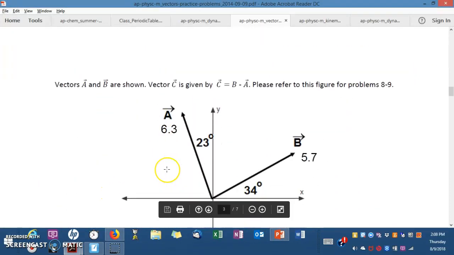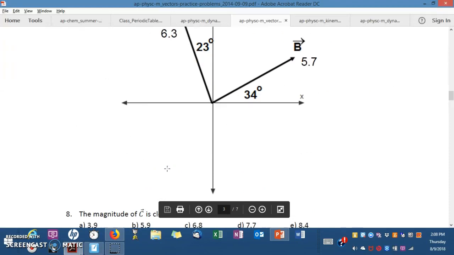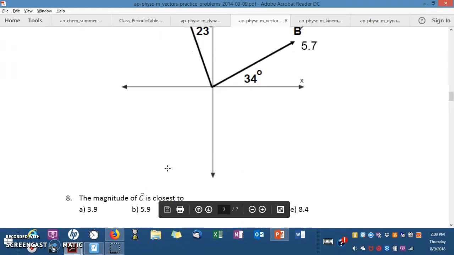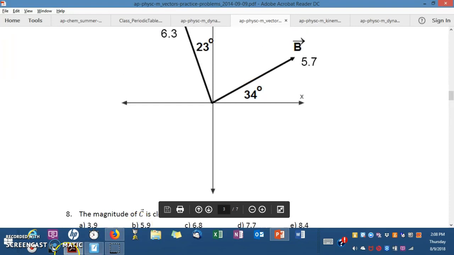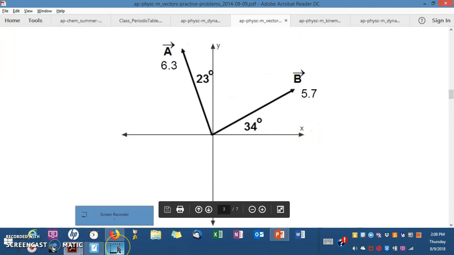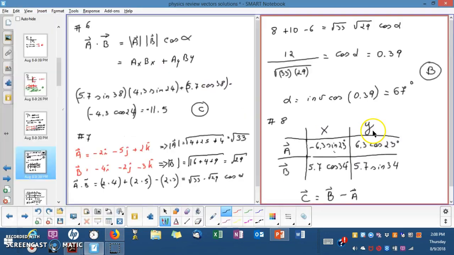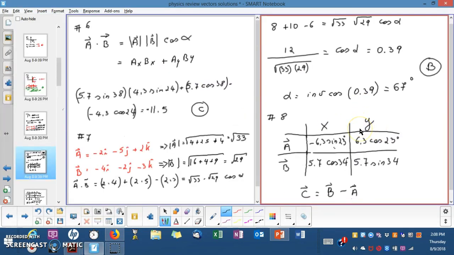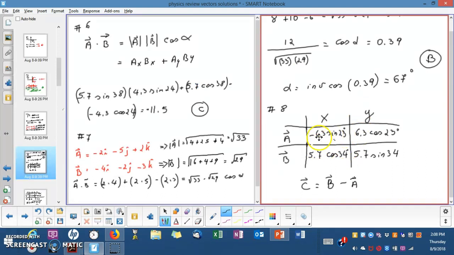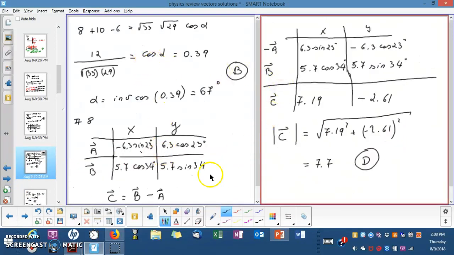And then 8. Number 8 tells you that you have those components, okay, and you've got to calculate B minus A. So instead of writing A, I'm changing those signs.